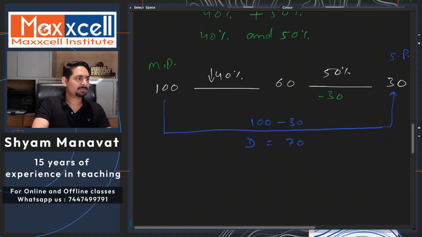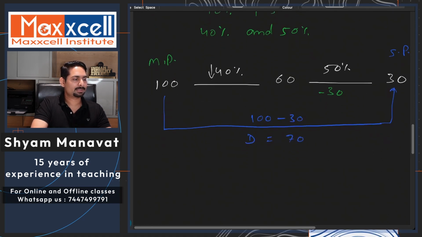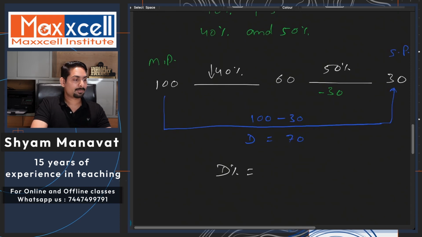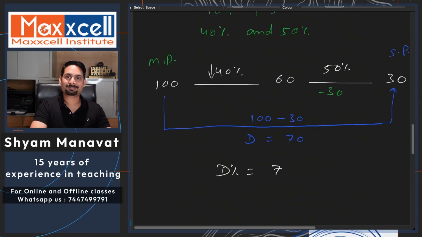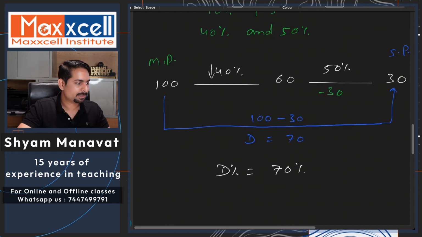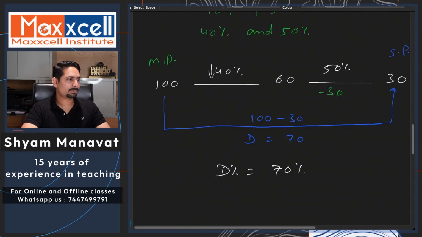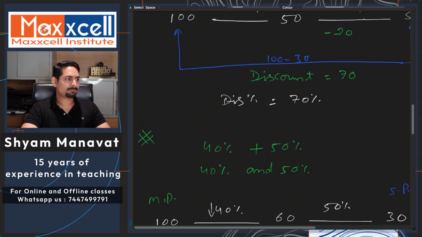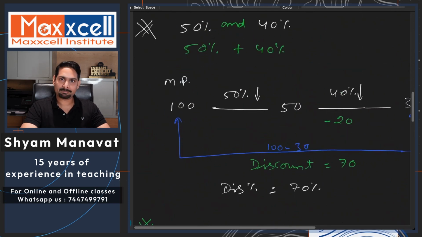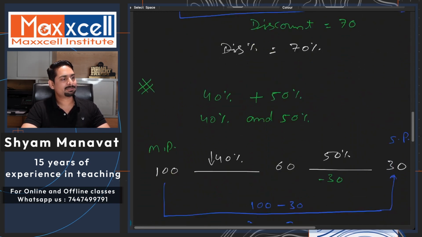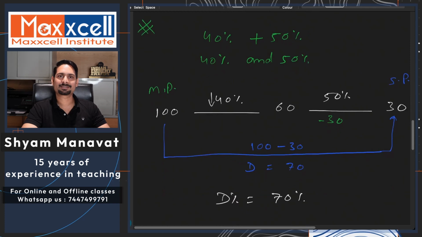The discount percentage will be how much? 70 upon 100 into 100. That means 70%. The point I am trying to make here is, if you have 50 plus 40, you have 70% discount. If you have 40 plus 50, you still have 70% discount.